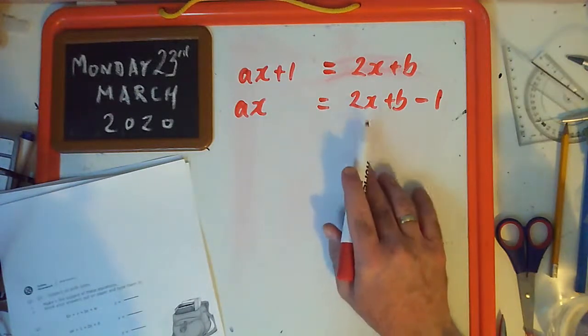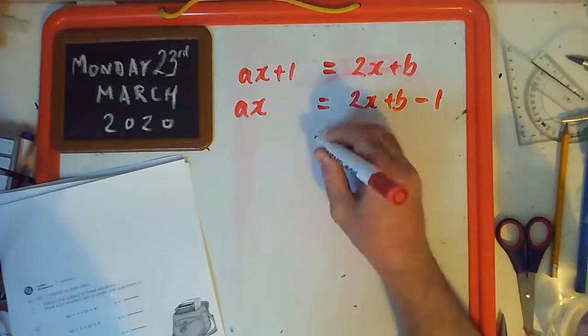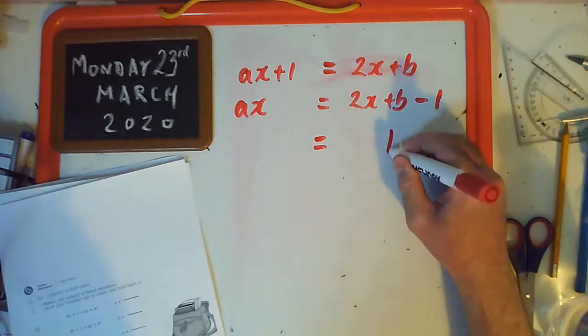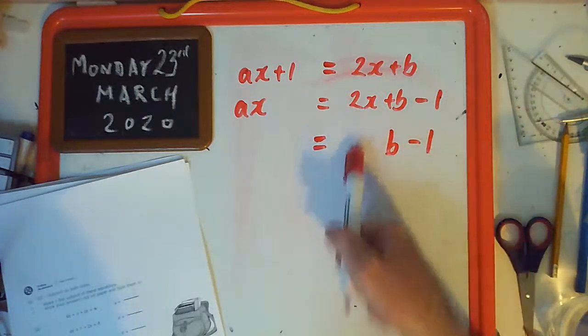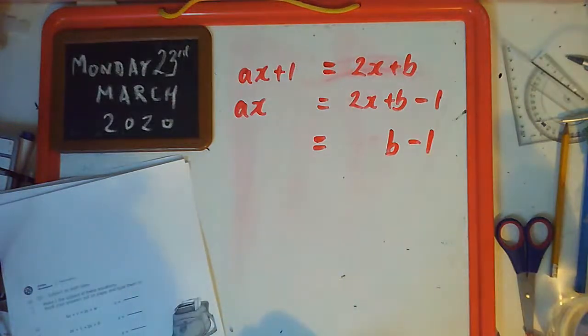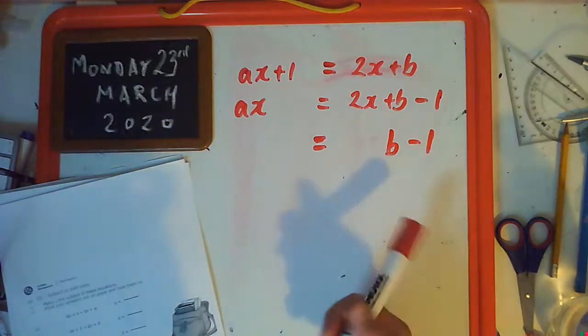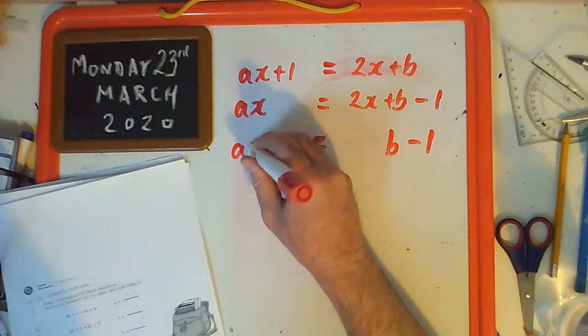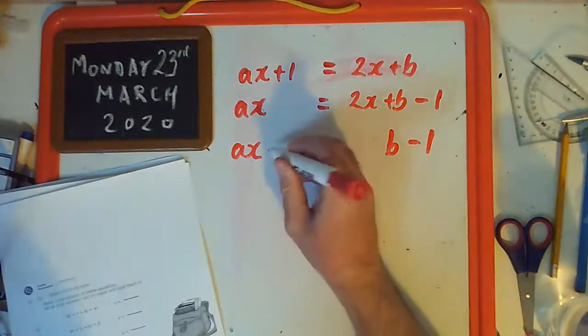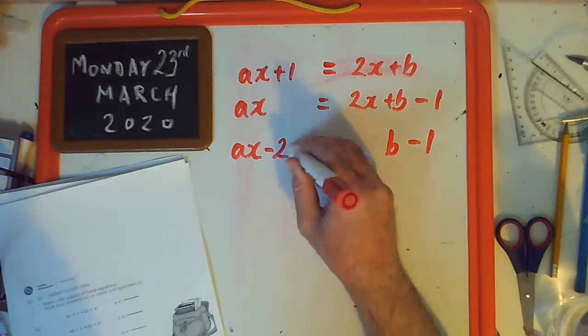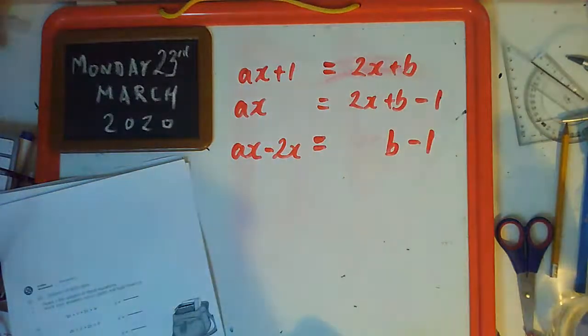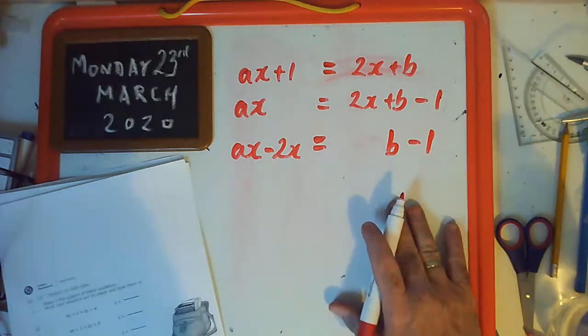So I'd quite like to get rid of the x's on the right. So I'm going to get rid of the x's on the right by taking away 2x, so it disappears there. But then I've got to take away 2x from the other side as well, because it's like a balance. So ax minus 2x, because I'm taking away 2x from both sides. So ax minus 2x equals b minus 1.